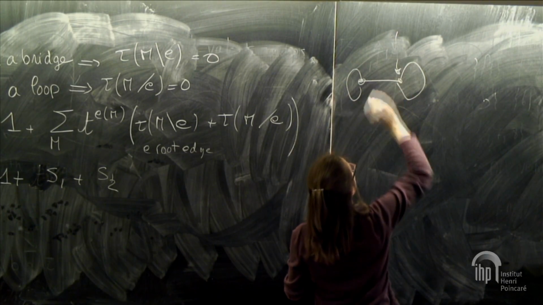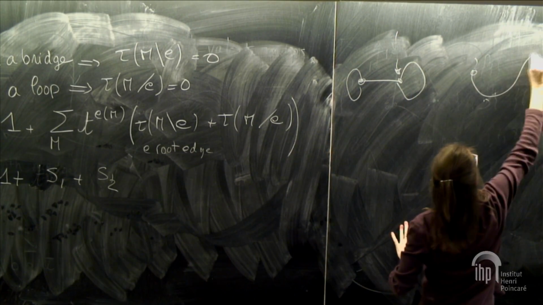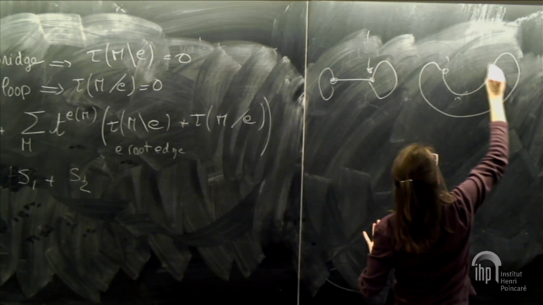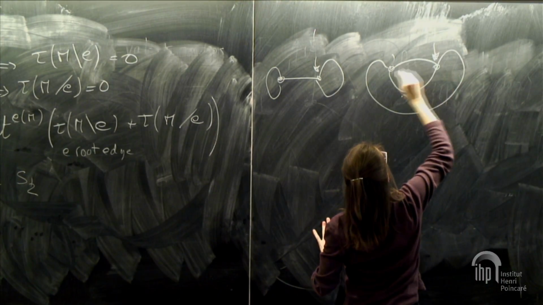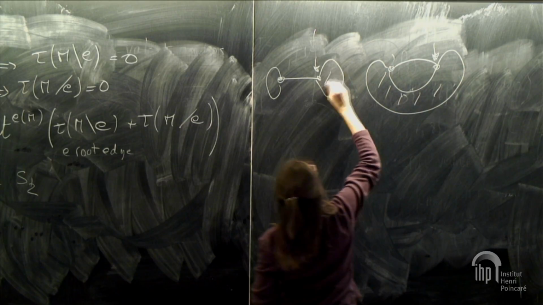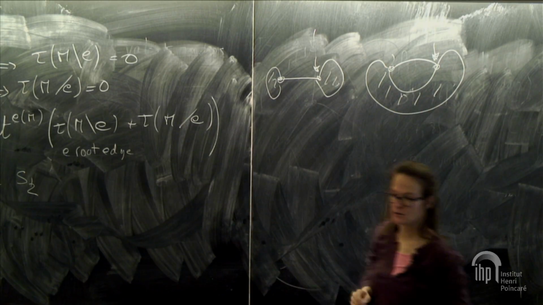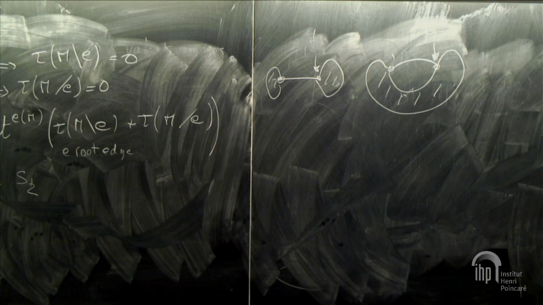I have the case where the root is a bridge, and the case where it's not a bridge, where I have smaller maps. So you remember these were the things in my first lecture.